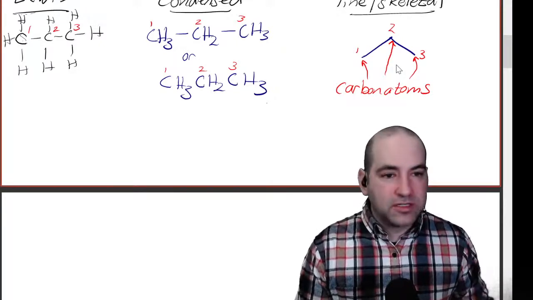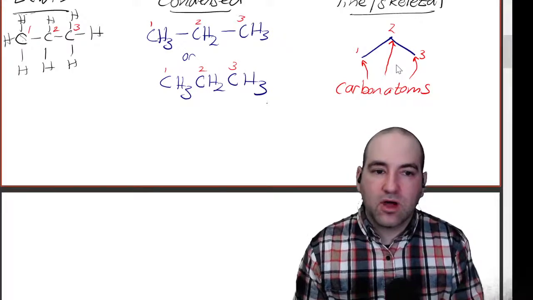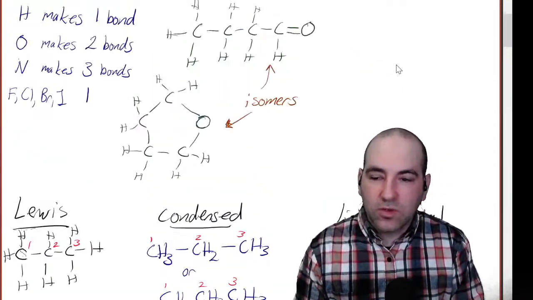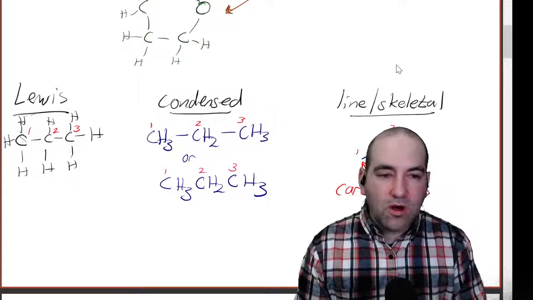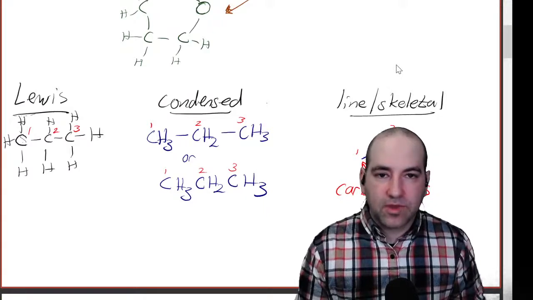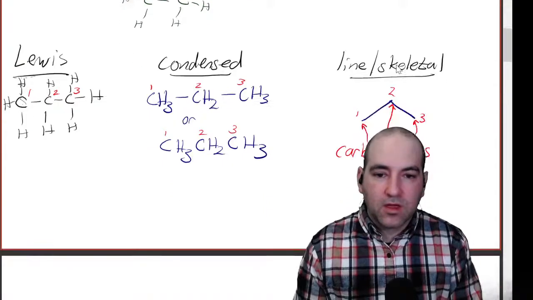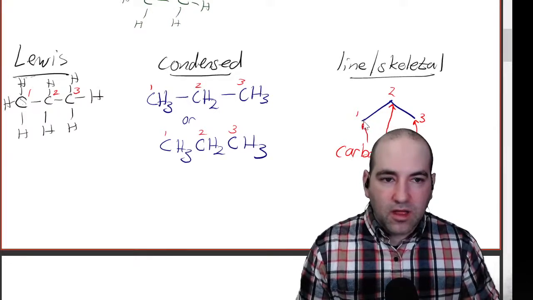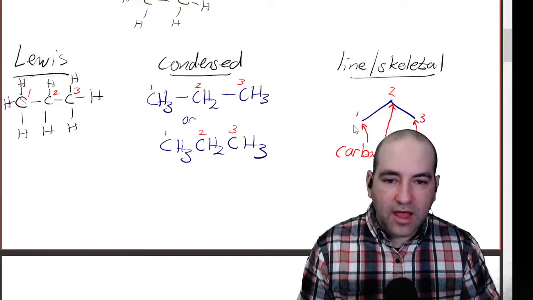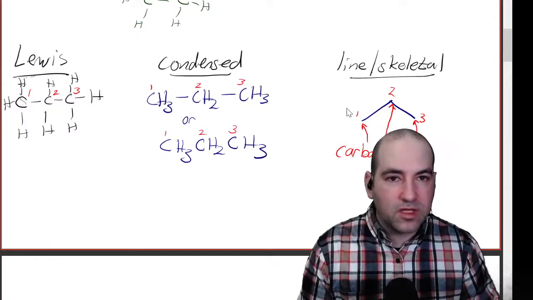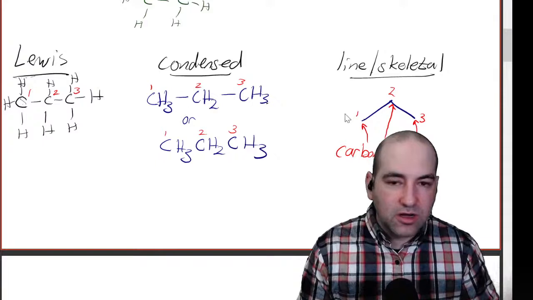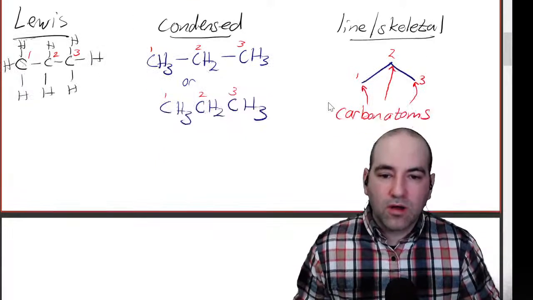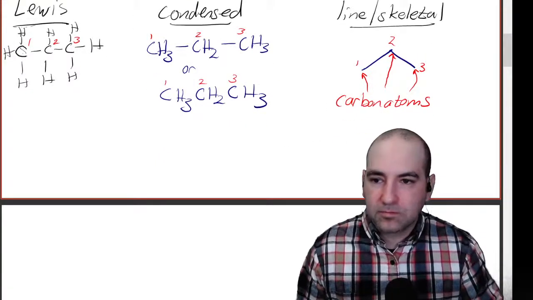Now, how come all the hydrogen atoms are gone? Well, the hydrogen atoms are gone because, based on the rules, we don't actually need to show them. We know carbon has to have 4 bonds, and we know hydrogen makes only 1. So if we show, let's say, for example, carbon 1 here has 1 bond shown, we know from the rules that there has to be 3 more there somewhere. And since they're not shown here, we can assume those 3 more are hydrogens.